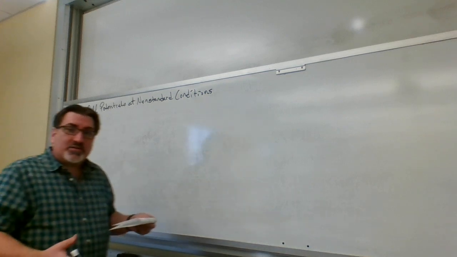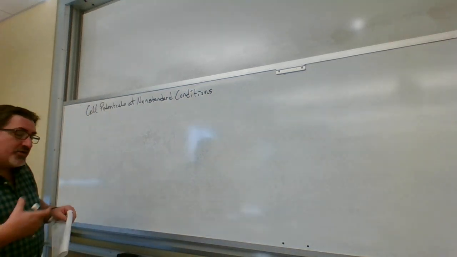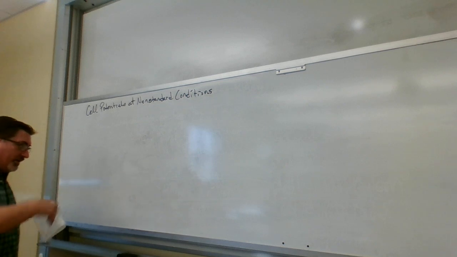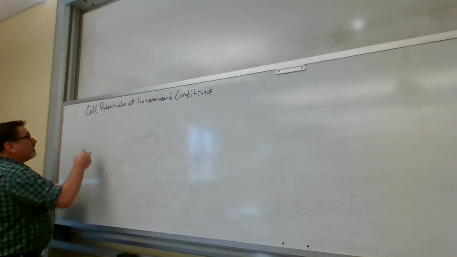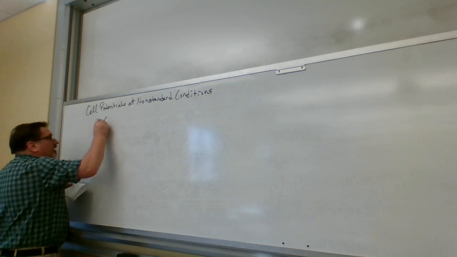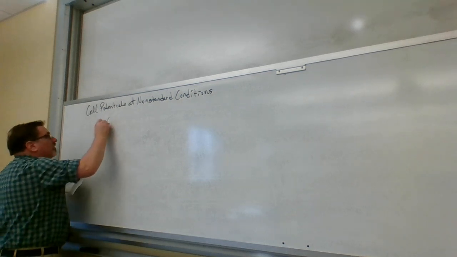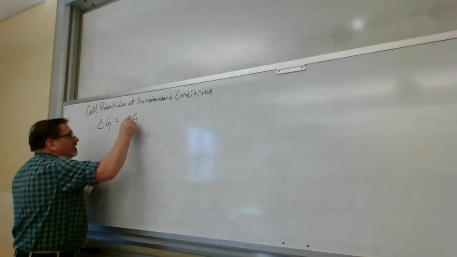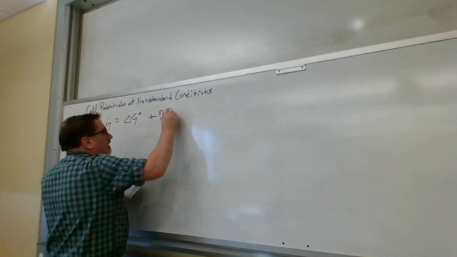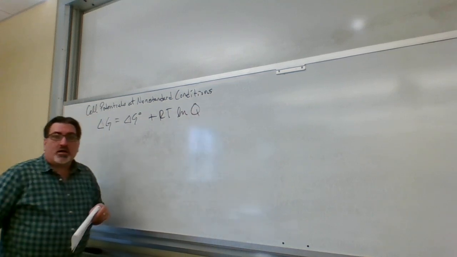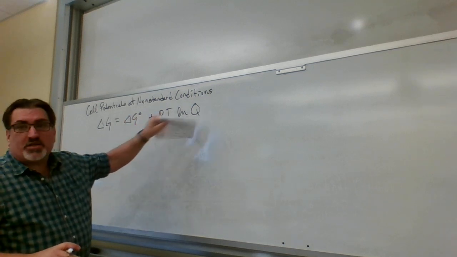So most of our electrochemical processes that we have to deal with are actually at non-standard conditions. So we kind of use our standard condition E0 as a jumping off point and then correct for any other issues, just like we did for delta G. Back last chapter we had delta G at non-standard conditions was equal to delta G0, kind of our starting point, our theoretical value, plus RT times the natural log of Q. So in that chapter we change temperature and we can change our concentrations.